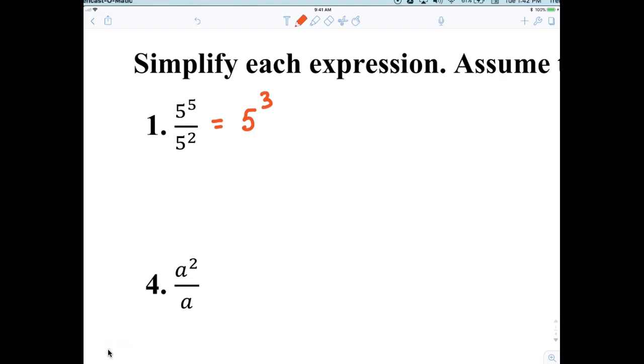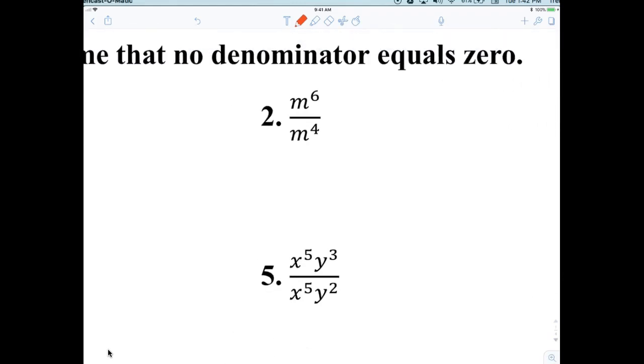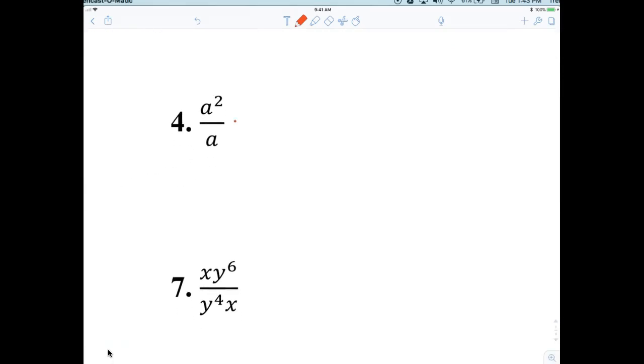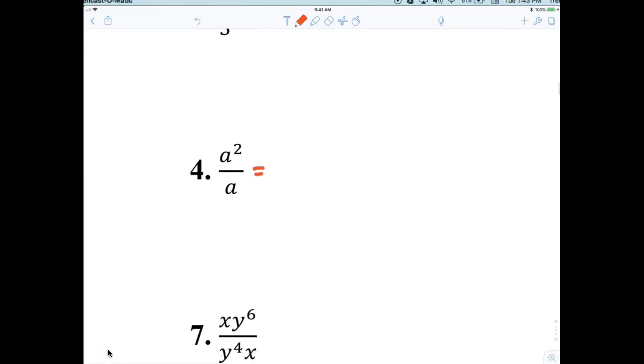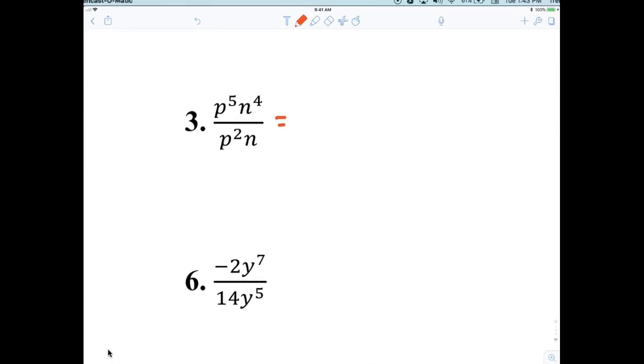If you understand it, let's just move on. There is no celebration for getting a problem right. Number 2, everybody should be able to say that's just m squared. Question number 3, be careful. Yeah, let's do 3. So here we go. P cubed.